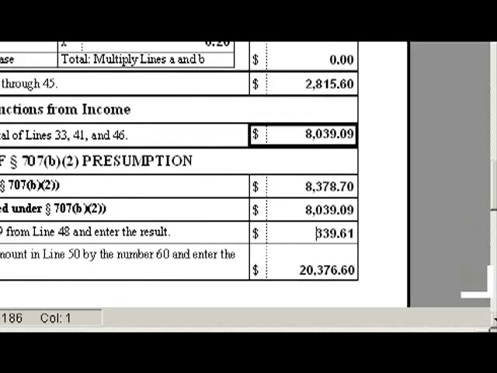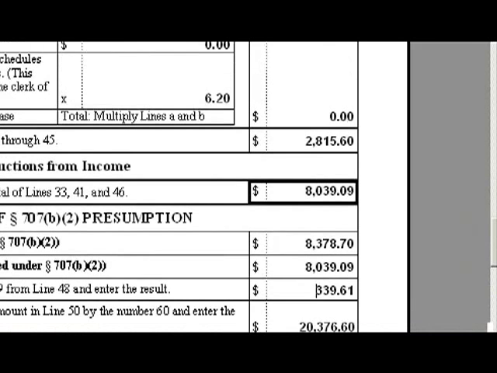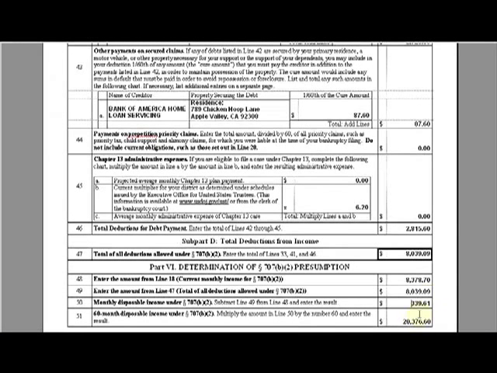It's presuming that there is abuse because there is $339.61 left over after the debtors have paid their allowable monthly expenses. Therefore, this is a result of Schedule I and Schedule J. Let me show you.